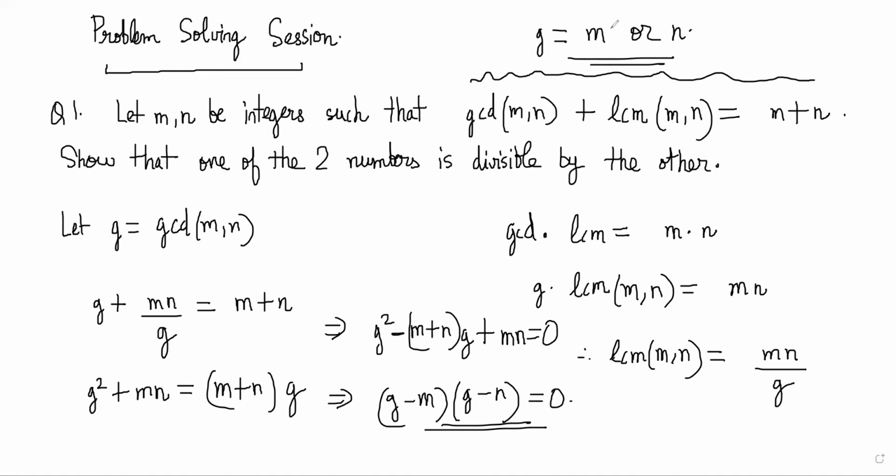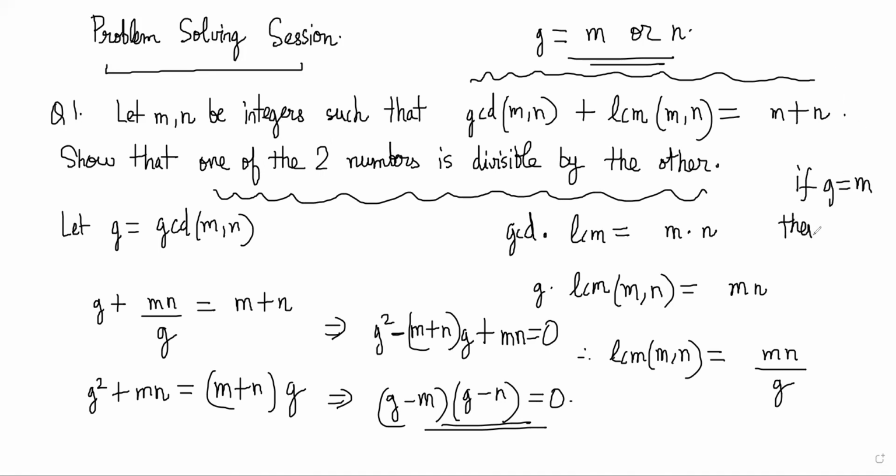So if the GCD of two numbers is one of the numbers, then it is obvious that one of the two numbers is divisible by the other. Basically, we are saying if G is equal to m, then m divides n, because G divides n, right? And vice versa. So this is a pretty straightforward question. We wanted to start with an easy one. Let's go on to the next problem.